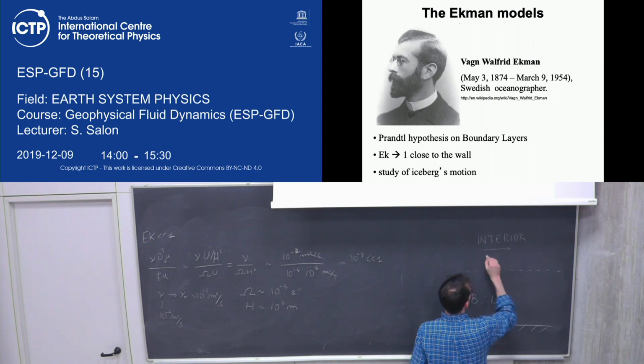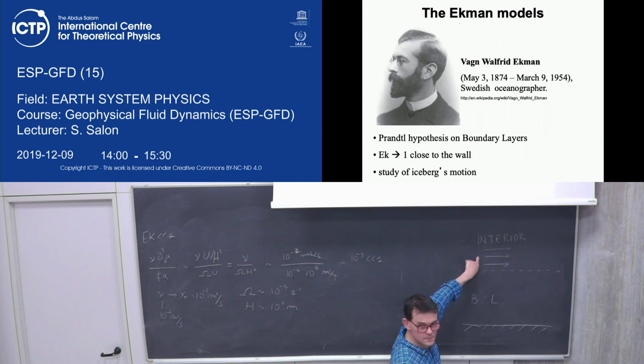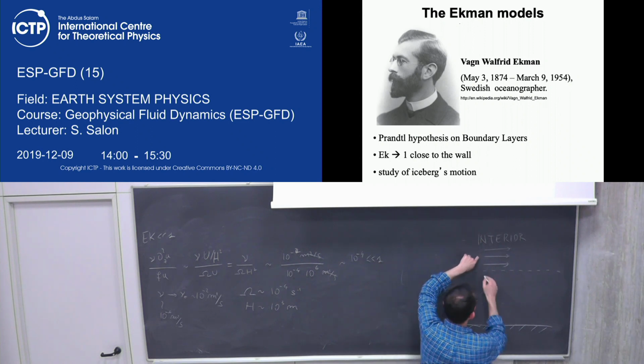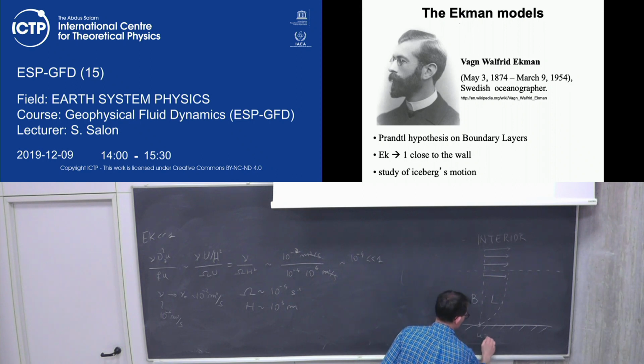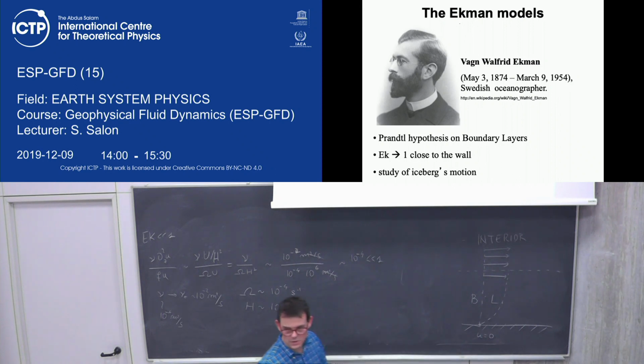So if we have, for example, a geostrophic flow here in the interior, it will happen that with a certain law, this flow will have to go and reach u equal to 0.